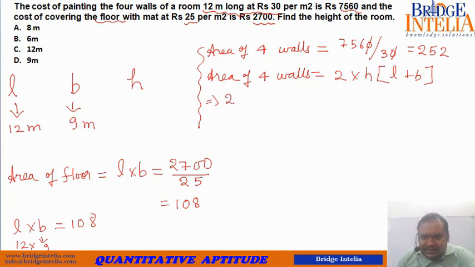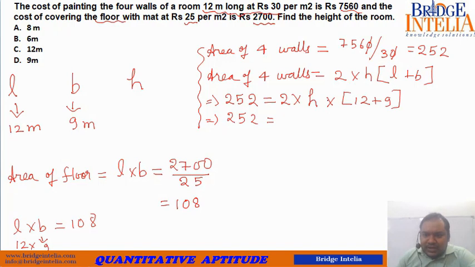So from here it is evident that 252 must be equal to 2 into height, which we have to find out, into the sum of length and breadth. Length plus breadth is how much? 12 plus 9, which is 21. So 252 is equal to 42h.